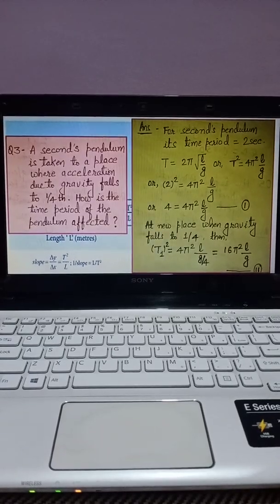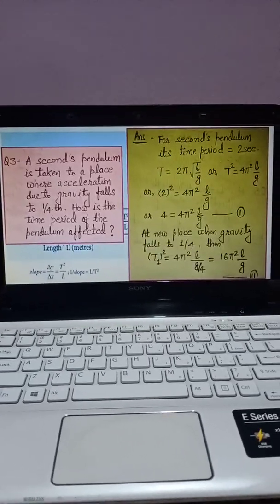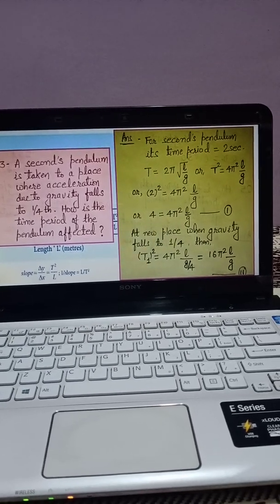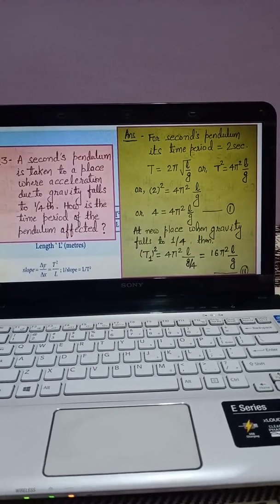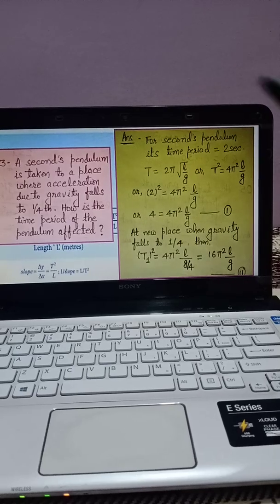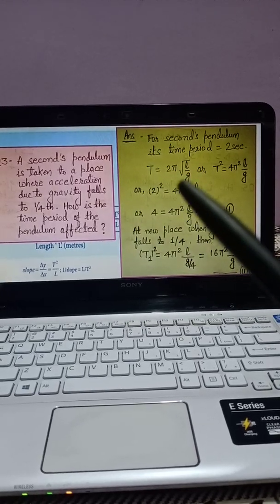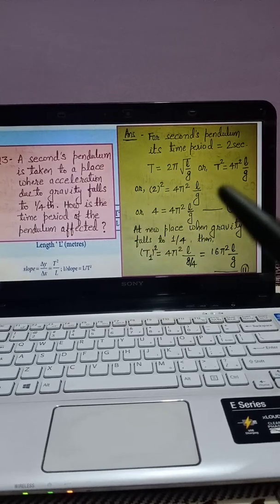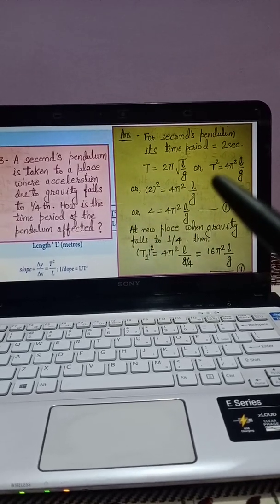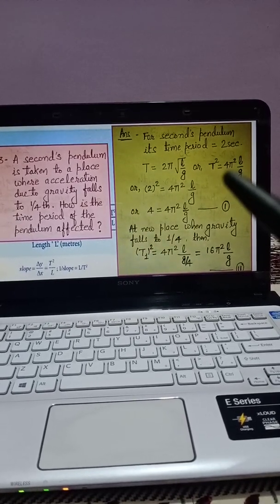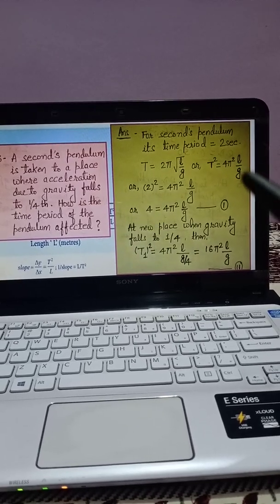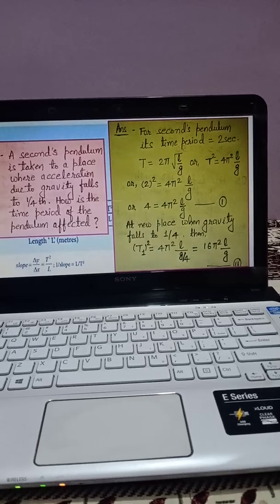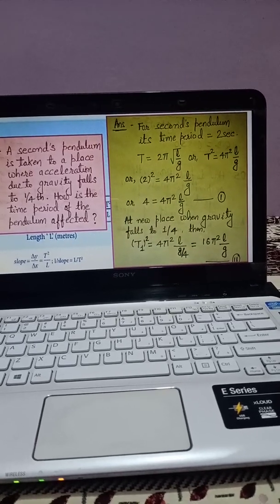So here we have the solution. For a second pendulum, as we know, its time period is 2 seconds, and here we use the formula of time period T is equal to 2 pi root under L by g. When we square both sides, we get the expression T square is equal to 4 pi square L by g. L means the length of the simple pendulum and g is the acceleration due to gravity.